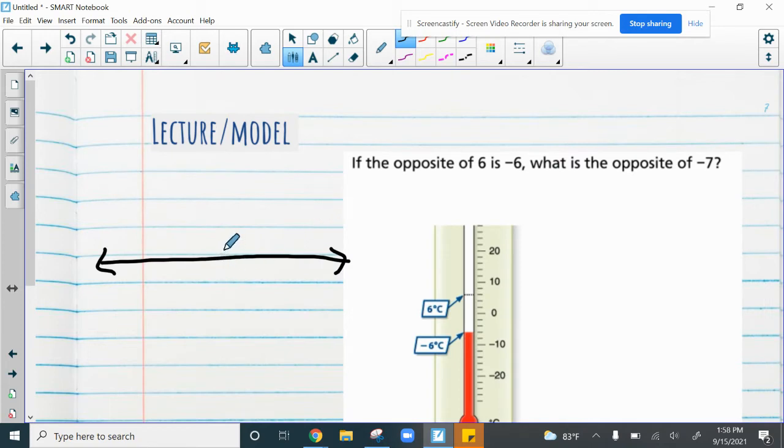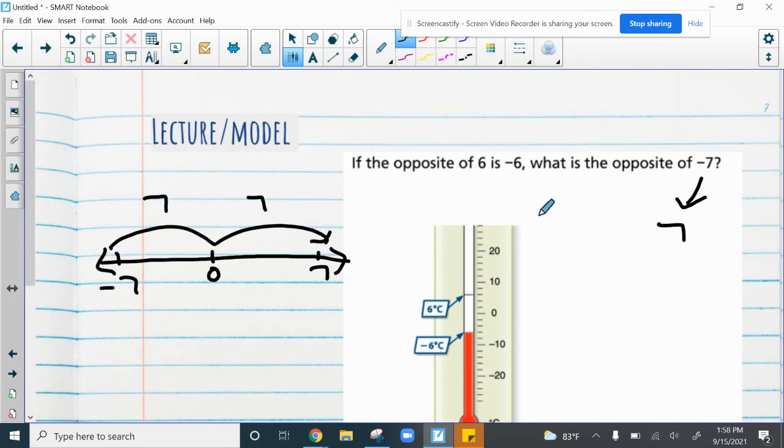So if that holds true, what would the opposite of 7 be? I have 7 hops from 0 to 7, so the opposite would be -7. 7 is 7 hops to the right. -7 is 7 hops to the left. So the opposite of -7 would be 7.